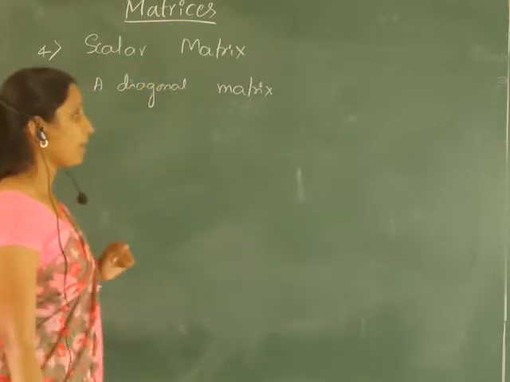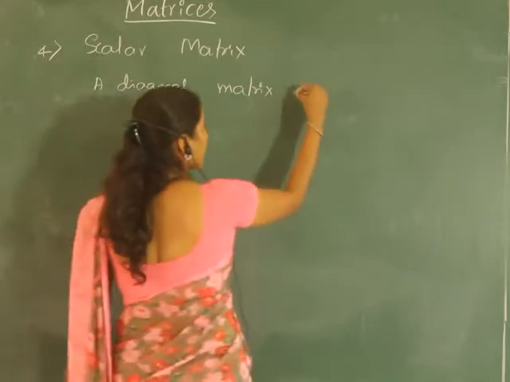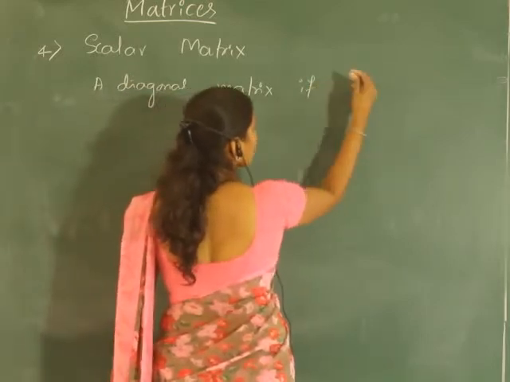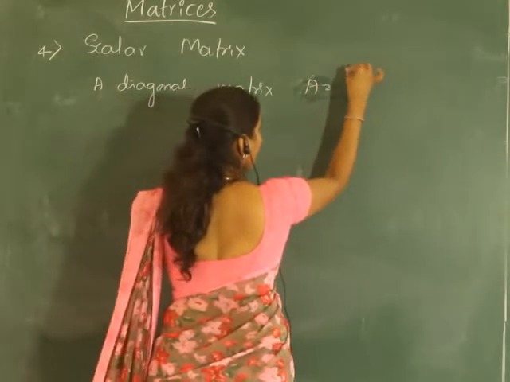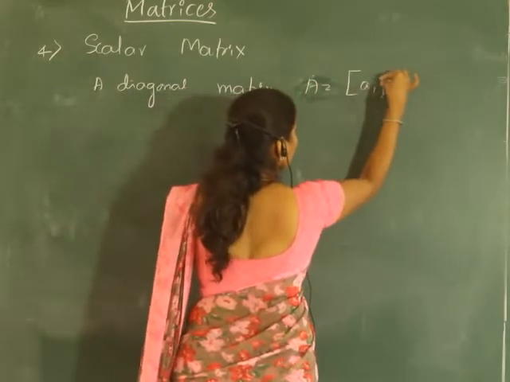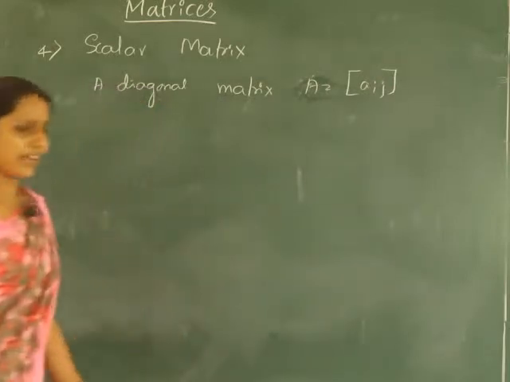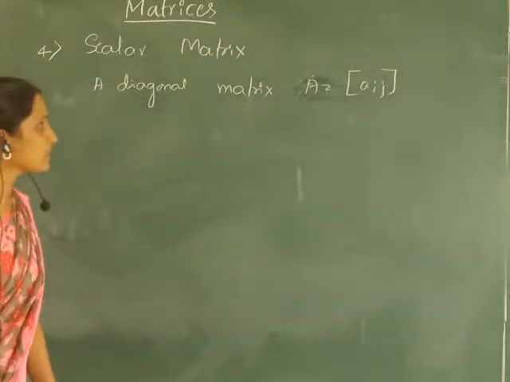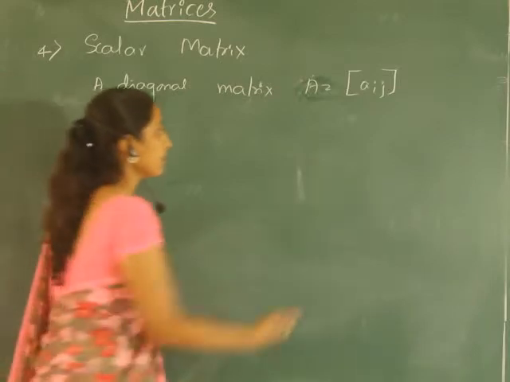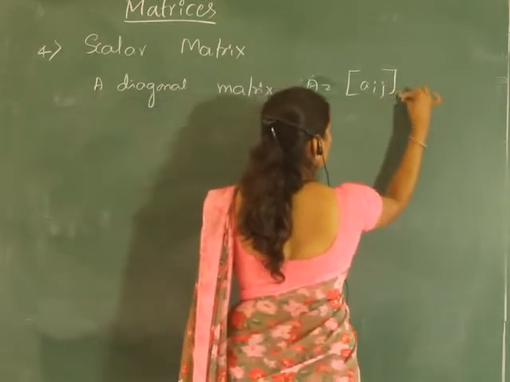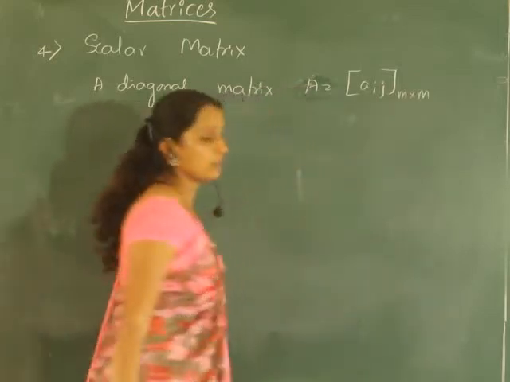So in the diagonal matrix, if a matrix A is equal to [Aij], it is a square matrix. A diagonal matrix is a square matrix itself. So A equal to [Aij] is a diagonal matrix of order m cross m, we can consider.